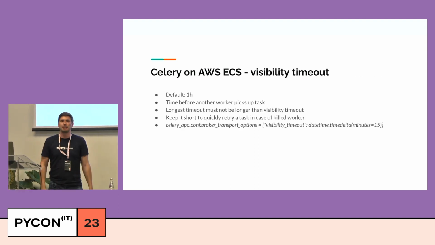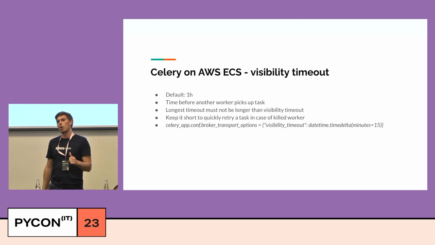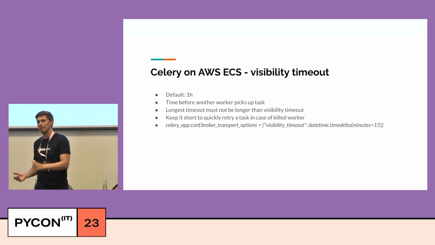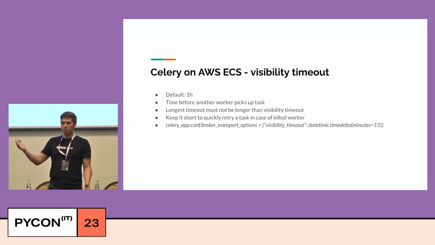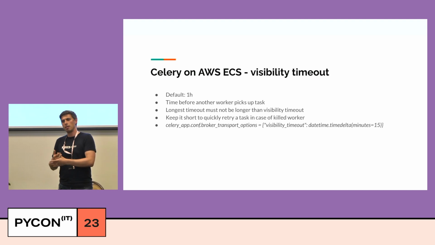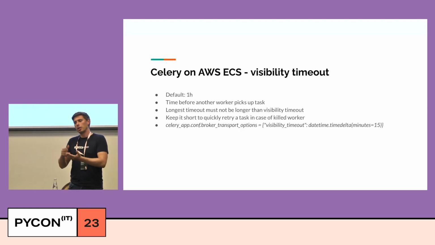The next thing is visibility timeout. By default, this is set to 1 hour. What is visibility timeout? This is the time after a task is received or picked up by the first worker. If nothing happens with this task, so the worker is killed or it's still processing, another worker will pick up the same task after the visibility timeout.